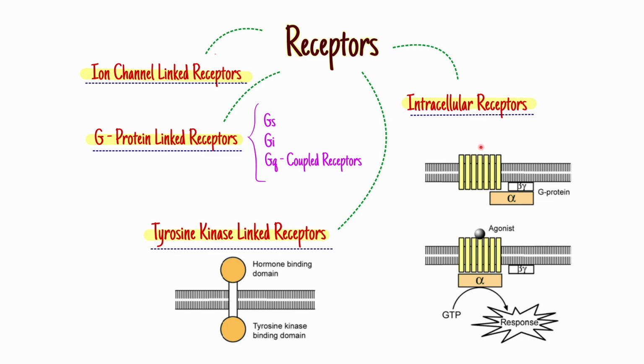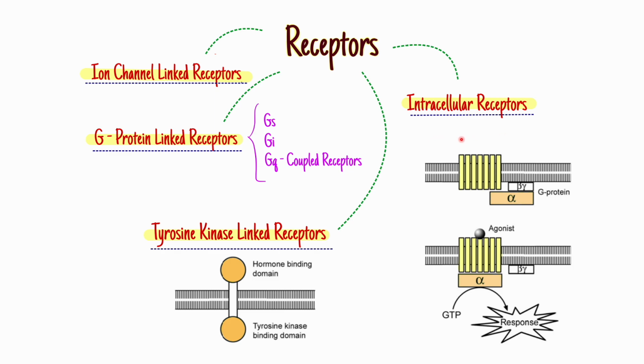And for a molecule to bind, let's say we have molecule A and molecule B. Molecule A can bind with the receptor much faster and better than molecule B, and molecule A can occupy all the receptors.